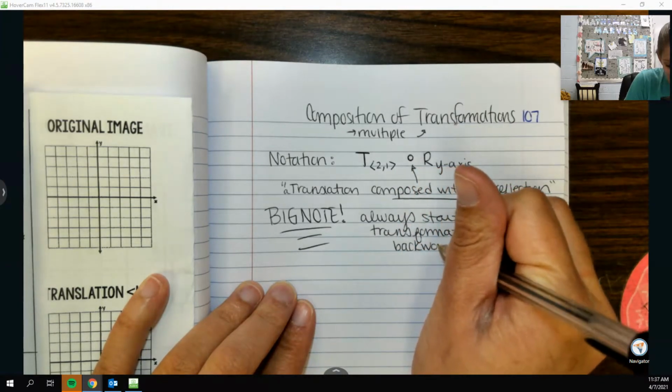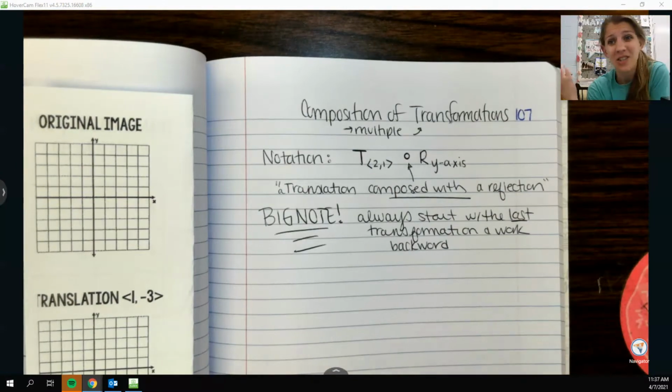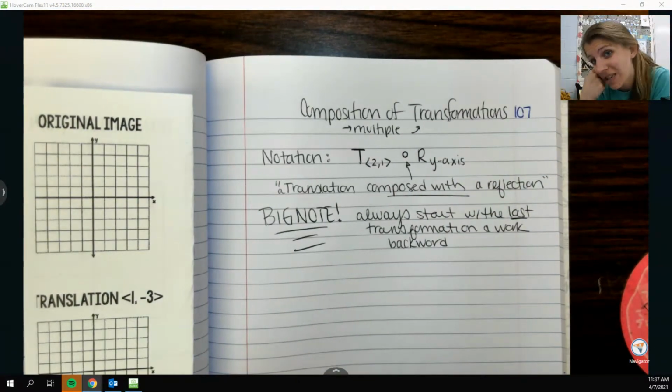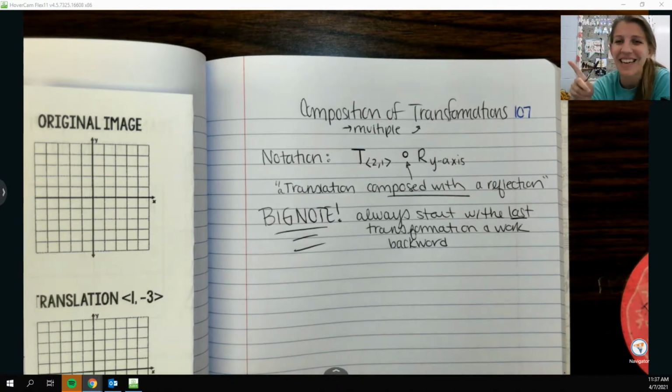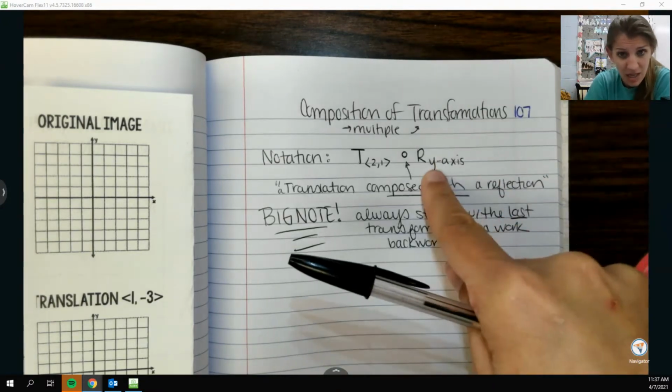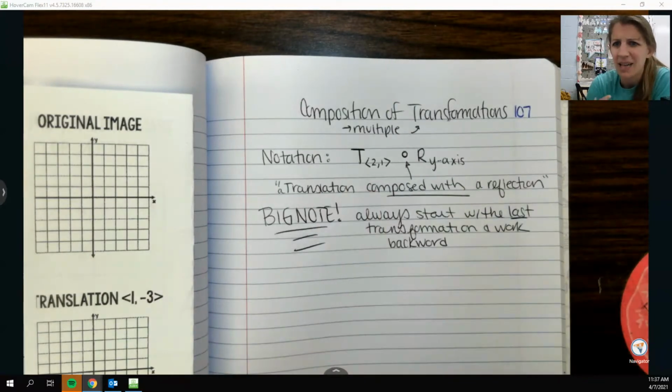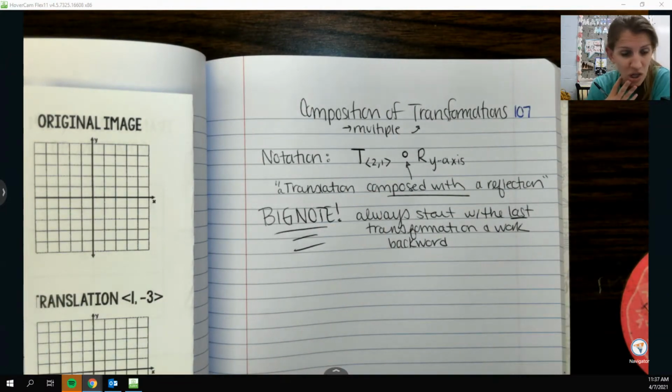And I know what you're probably thinking. You're like, Misra, did mathematicians just do this to be confusing and to be weird? And maybe a little bit, but not really. The composing function is actually a function you will talk about in Algebra 2. The way that it interacts with another function is it does the second one first. I could explain it better now, but I'm going to leave that for the Algebra 2 teachers to do, maybe hopefully me next year.